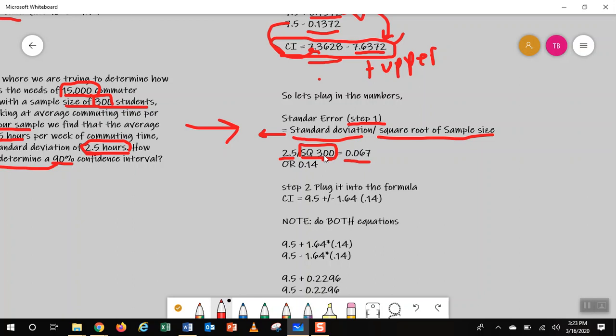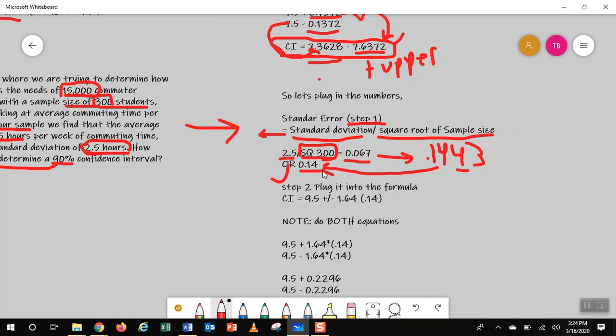I'm doing this on my own calculator: 2.5 divided by the square root of 300 equals, yeah, this should actually be 0.1443, and we're going to round that to 0.14 for the purposes of this problem.